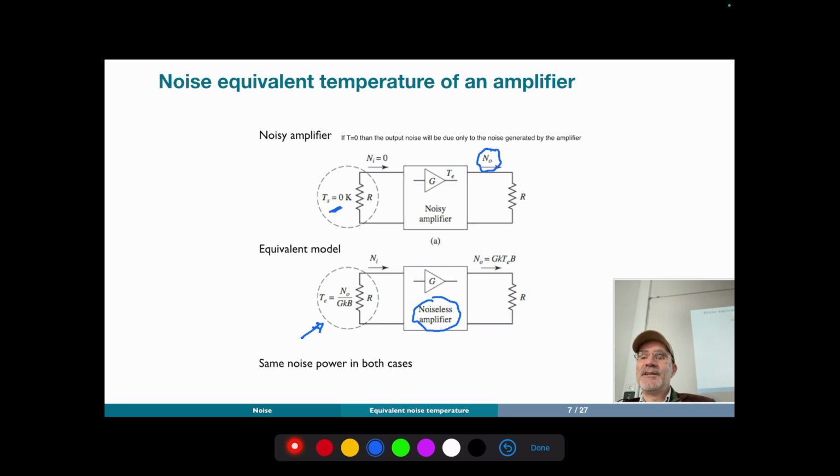I think it's more or less obvious that in this case, the noise at the output is given by the gain times the constant k times T, the equivalent noise temperature of the amplifier, times B. So the equivalent noise temperature has to be the noise N sub naught divided by GkB, where G is the gain of the amplifier, which means that to define the equivalent noise temperature, we have to divide by the gain of the amplifier.